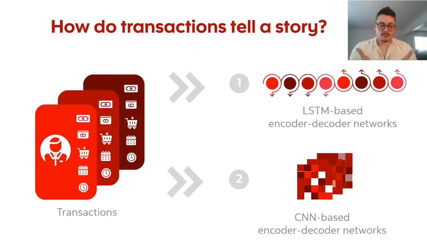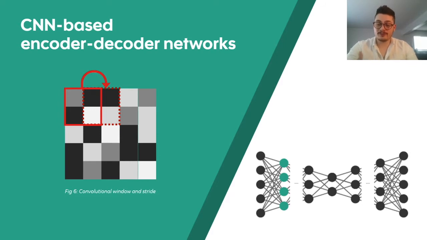How are we going to input those transactions into the variational autoencoder? Transactions can tell a story as images. A convolutional neural network essentially has a window, and this window goes through the image on a given stride, convoluting those values into a single value or into a smaller window size.